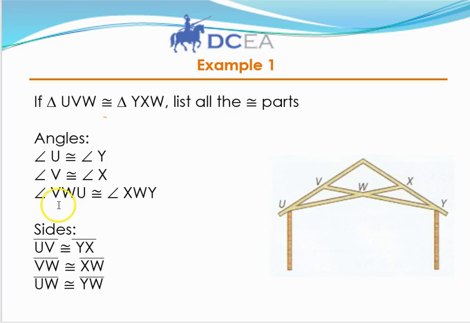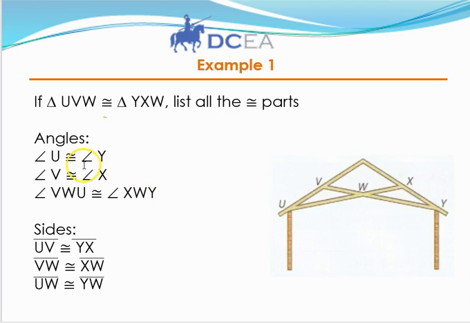And actually, if you look over to your left, you'll see that the correspondence statement does show that angle VWU is congruent to XWY. There's a W in the middle of both of those angles.